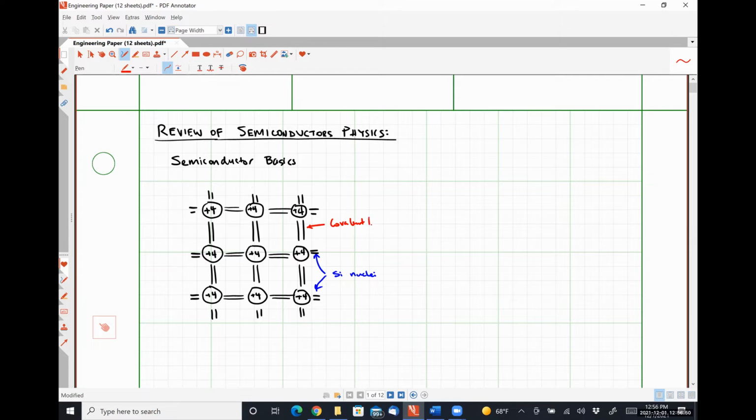This is a covalent bond, meaning that the electron is shared between those two silicon atoms.